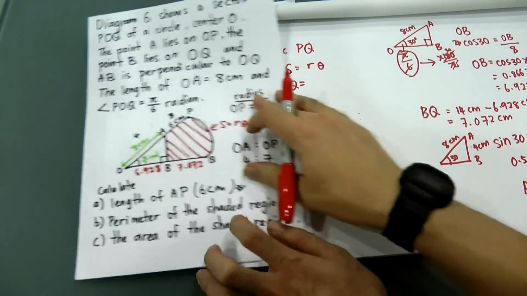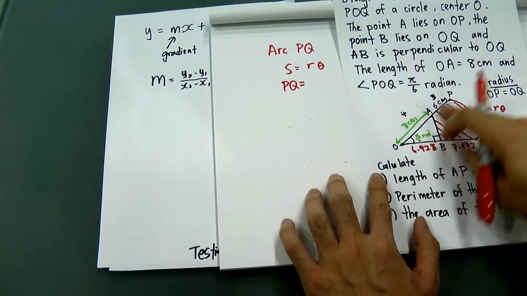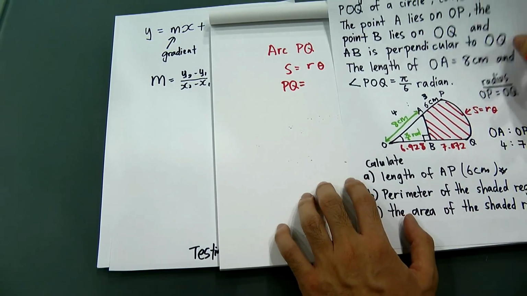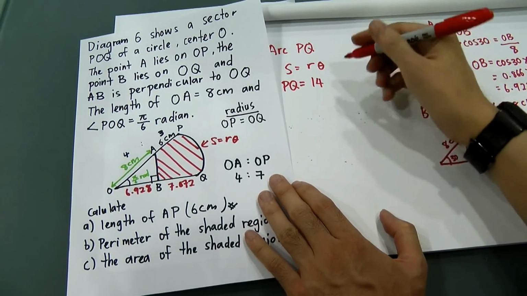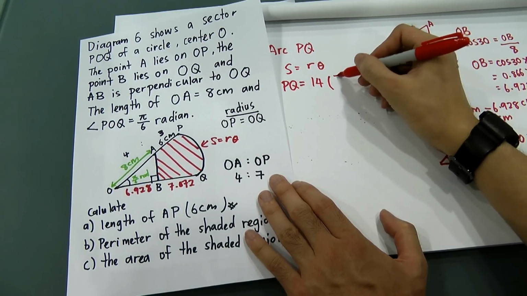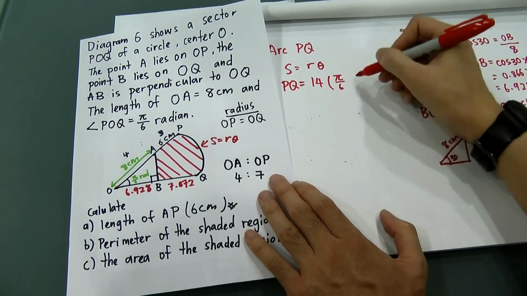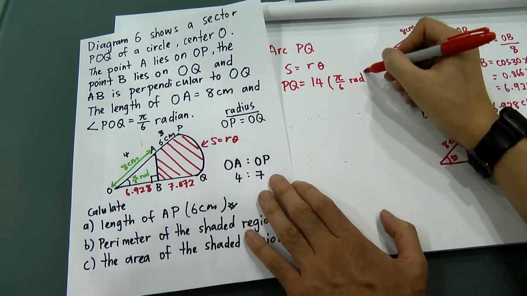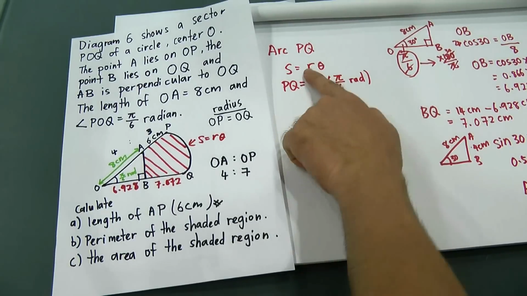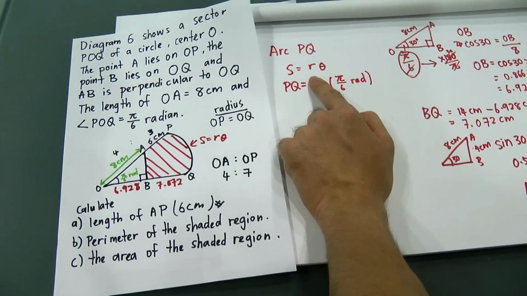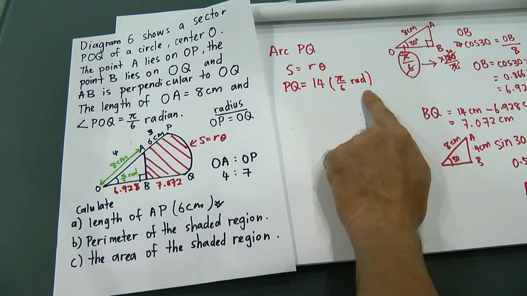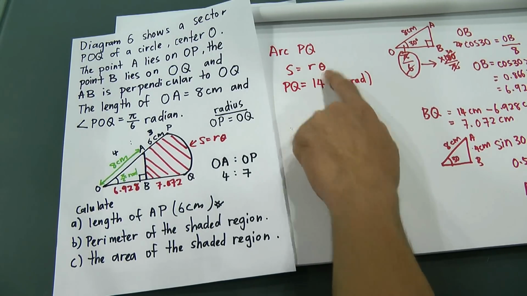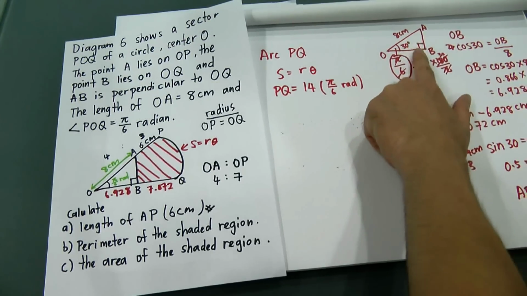The R here is the 14 centimeters. So R will be 14, and then the angle will be pi/6 radians. Remember when you use this formula, one very important thing is that you must change the angle to radians. You cannot be in degree mode.